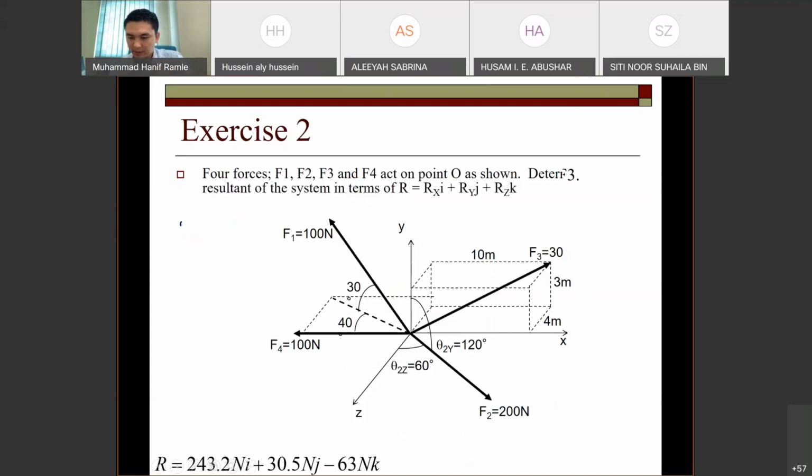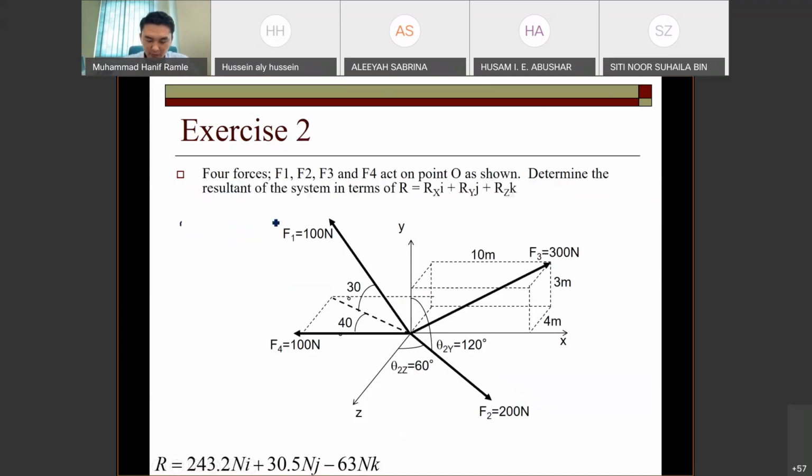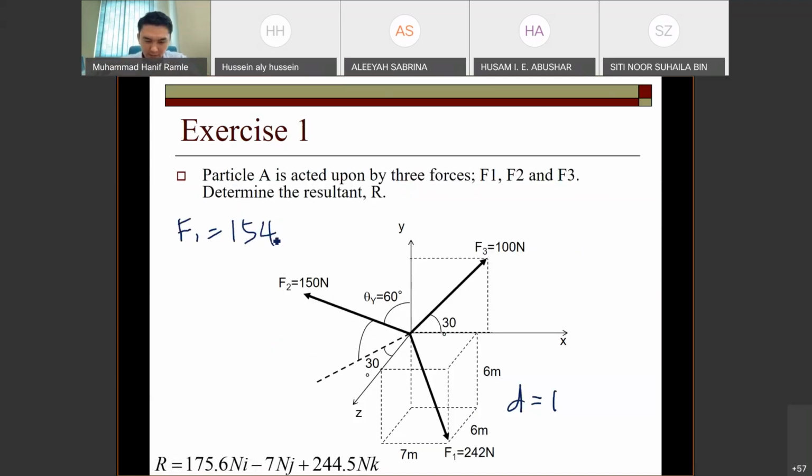Okay, let me check the chat. So Wong said that the answer is 154 I minus 132 J plus 132 K. Okay, so this is the answer from Wong Kin Tong.